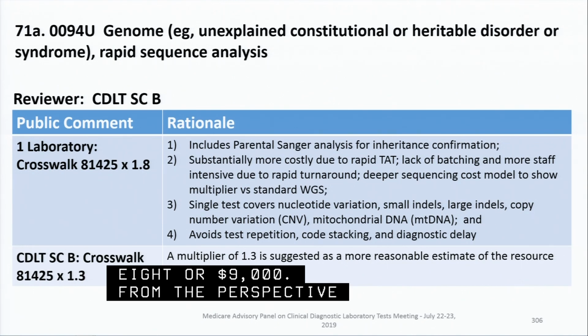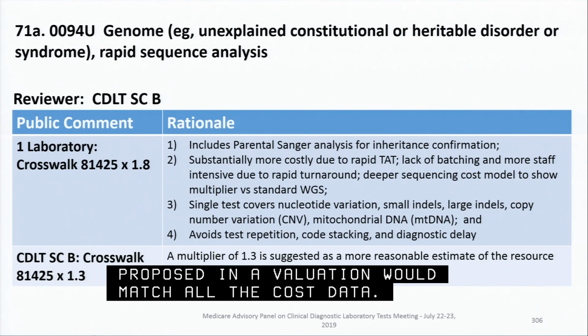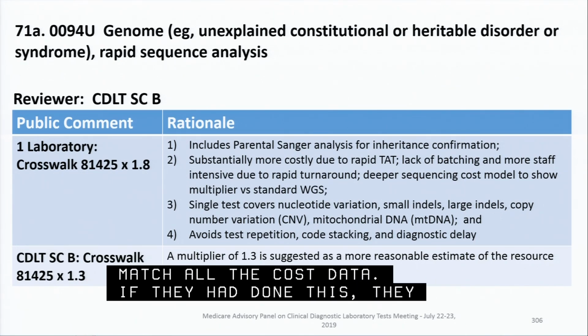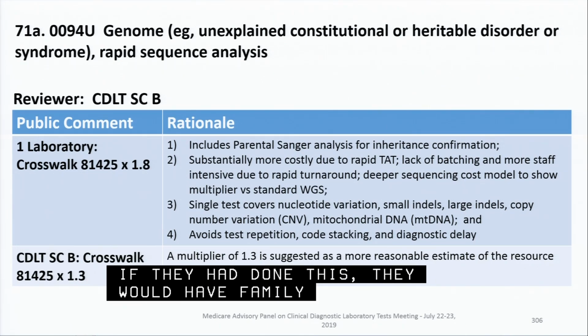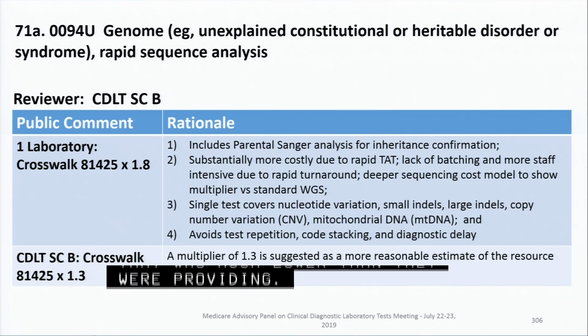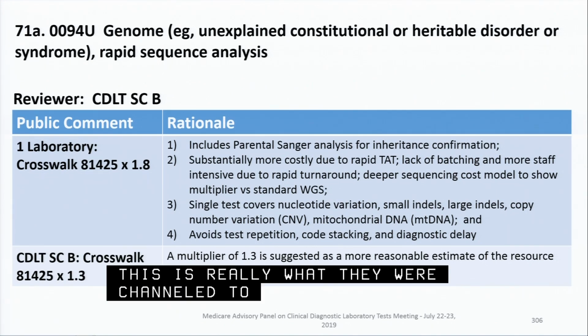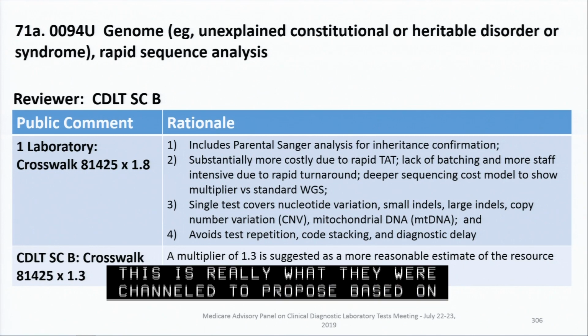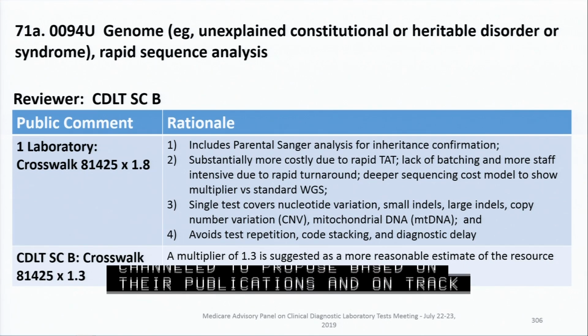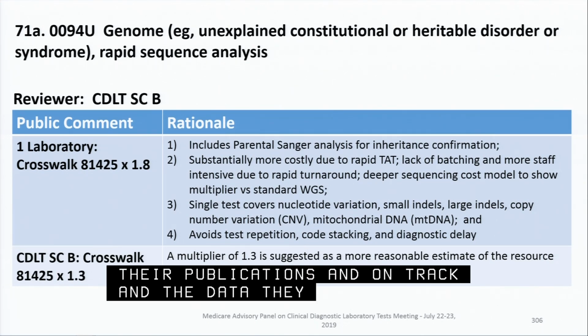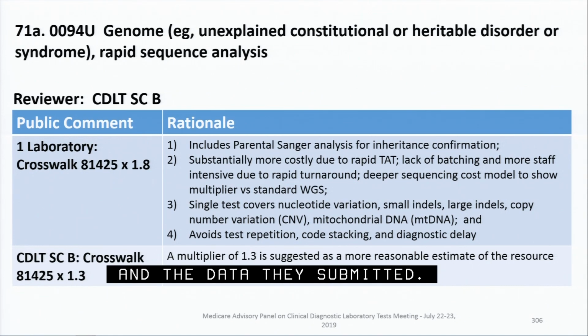Otherwise, they would have been proposing a valuation that was much lower than their objective data and tables that they were providing. So this was really what they were channeled to proposing based on their publications and contracts and the data that they submitted, including supplemental data. Now, having had that, the panel needs to make its own decision. But that's the reason that they used that. Thank you. Dr. Lyon?